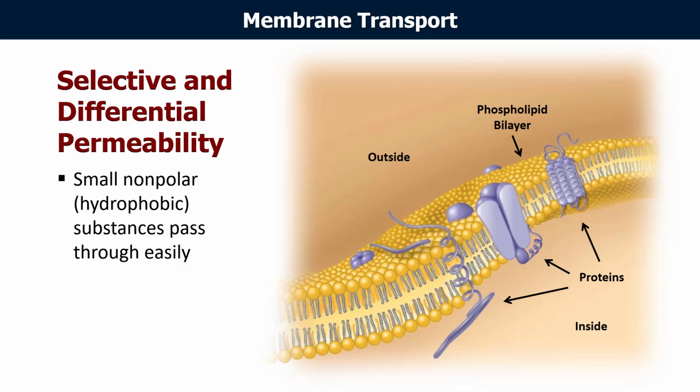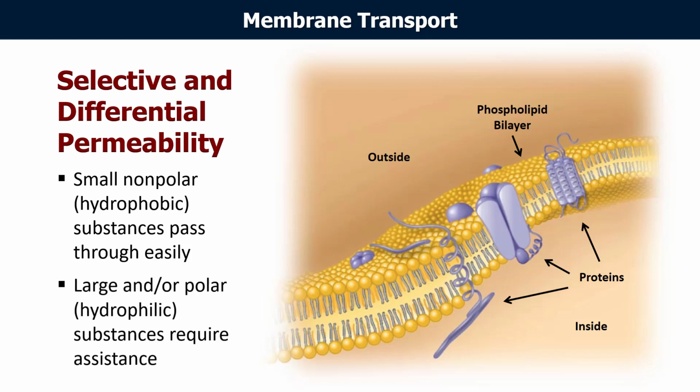But you can't just be small. You also have to be nonpolar or hydrophobic, because the bulk of the membrane is those hydrophobic tails in the center. And so you're going to have to be able to engage those hydrophobic tails by being hydrophobic yourself. So you've got to be small and hydrophobic to get through the membrane easily.